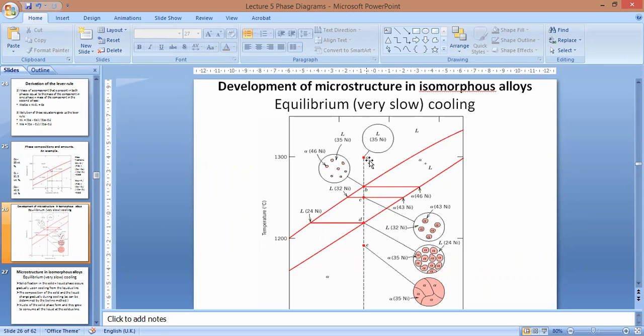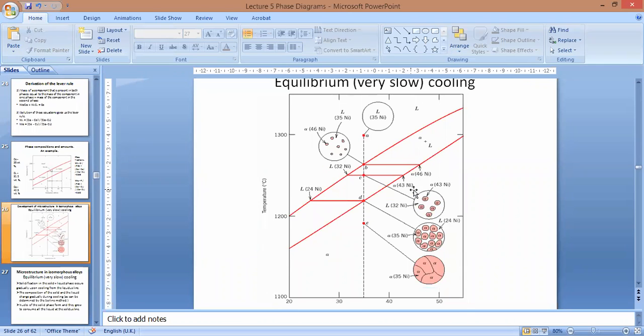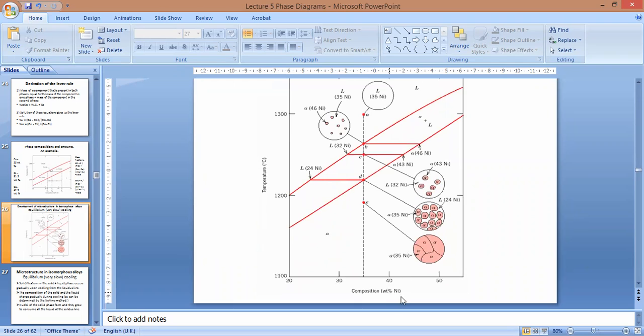Okay, so we've got points A, B, C, D, and E, and we're going to look at each and every one of these points in detail. So we begin with point A. Oh, wait, before we do that, we need to understand what we are looking at.